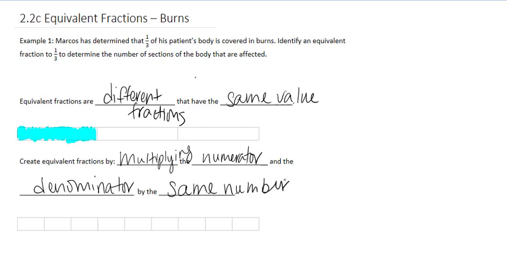So, for example, our goal is to get a total number of 9 on the bottom because there are 9 parts the human body is divided into when classifying burns.